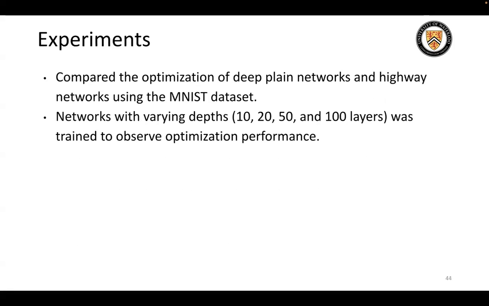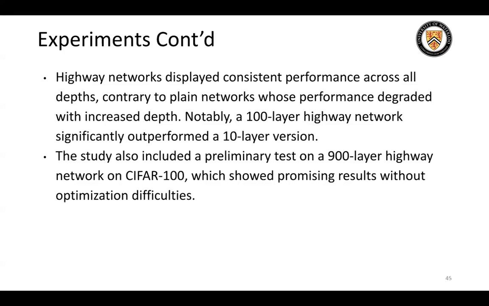Experiments. Here we compare the optimization of deep plain networks and highway networks using the MNIST image dataset. For the networks, we have varied depths: 10, 20, 50, 100 layers. They are trained to observe optimization performance. Highway networks displayed consistent performance across all depths, as we'll see on the next page, contrary to plain networks whose performance degraded with increased depth.